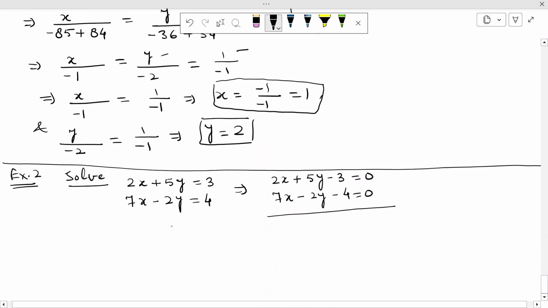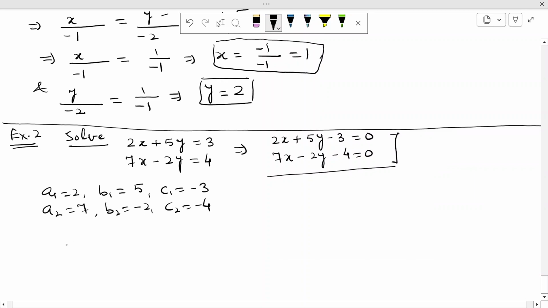So again from this system we are having a1 is equals to 2, b1 is equals to 5, and c1 as minus 3, and similarly we will get a2 is equals to 7, b2 is equals to minus 2, and c2 is equals to minus 4.